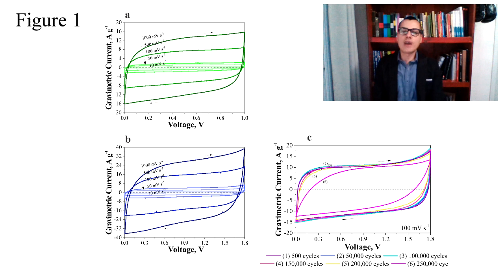Lastly, here we found a very high working potential of 1.8 volts, as you can see in figure 1b, and a specific capacitance value of 232 farads per gram, obtained at a scan rate of 10 millivolts per second. These values are very promising for its use as an energy storage device.